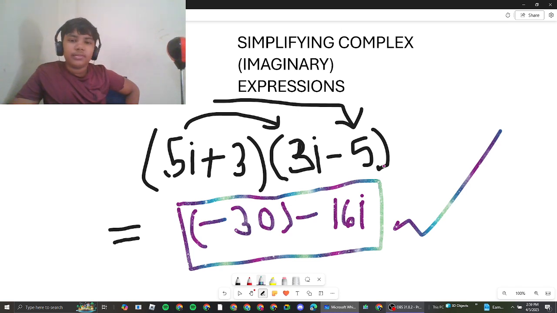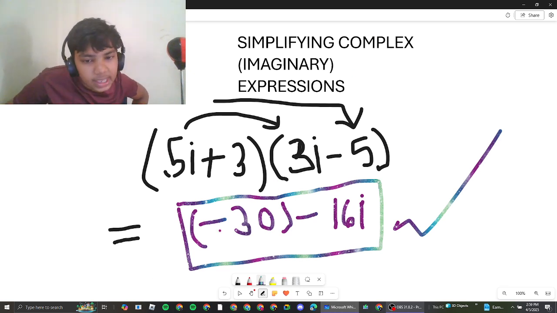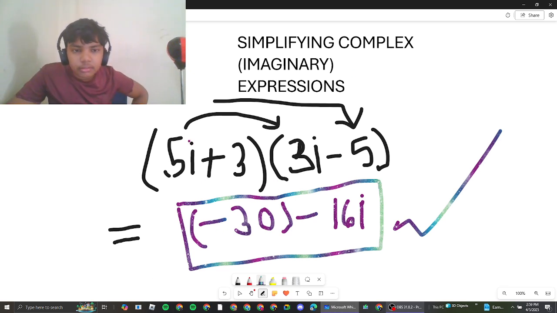Okay, I'll say division, and we can do multiplication. 15i squared minus 25i plus 9i minus 15 gives minus 30 minus 16i. Yeah, this is the answer.